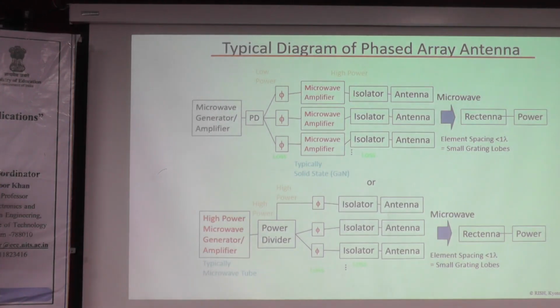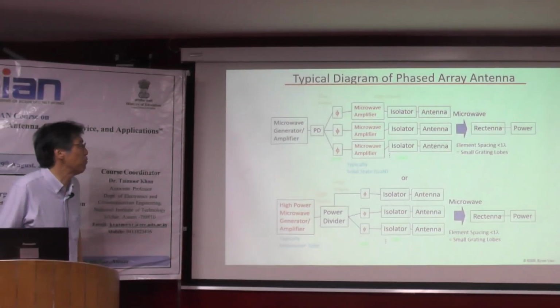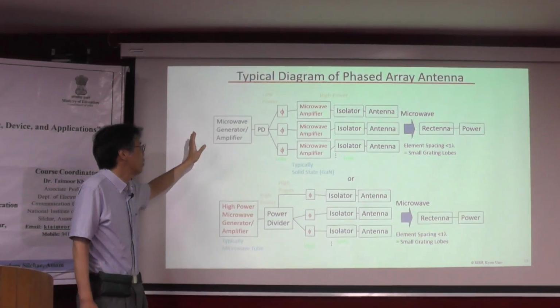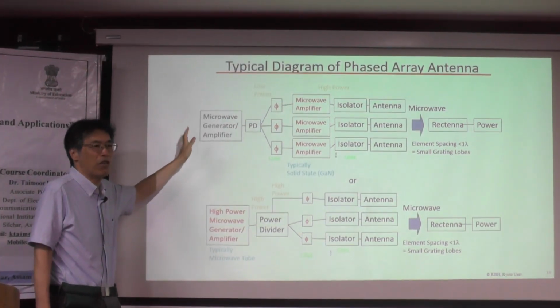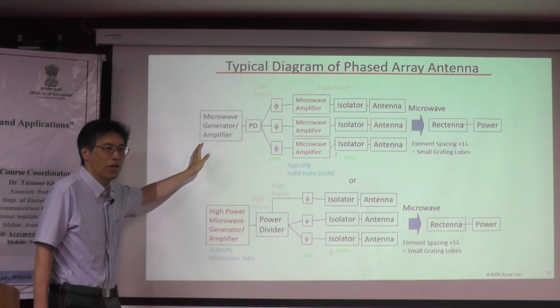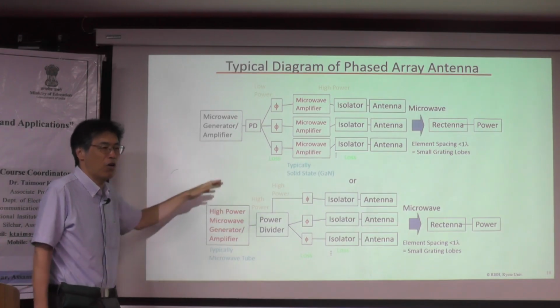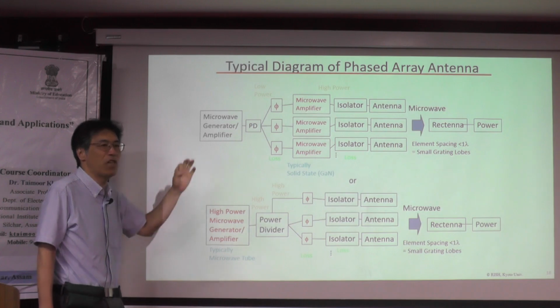So this is the typical diagram of the phased array antenna. We have two kinds of phased array antenna. Usually, we have one small microwave or radio wave power source, typically 1 milliwatt or less power generated in one chip.